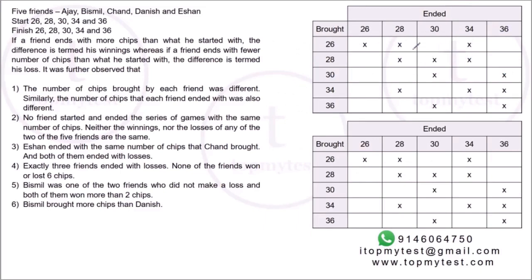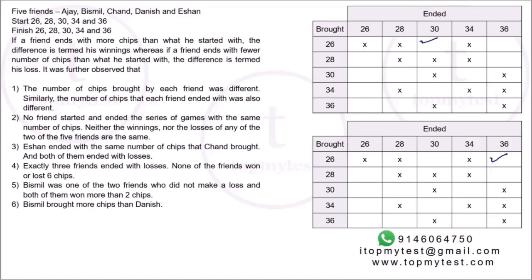So we have the two scenarios here. One was where the person who brought 26 ended up with 30. One was where the person who brought 26 ended up with 36. Now, this is almost like a Sudoku sort of puzzle. You can put only one tick across one row and one column.